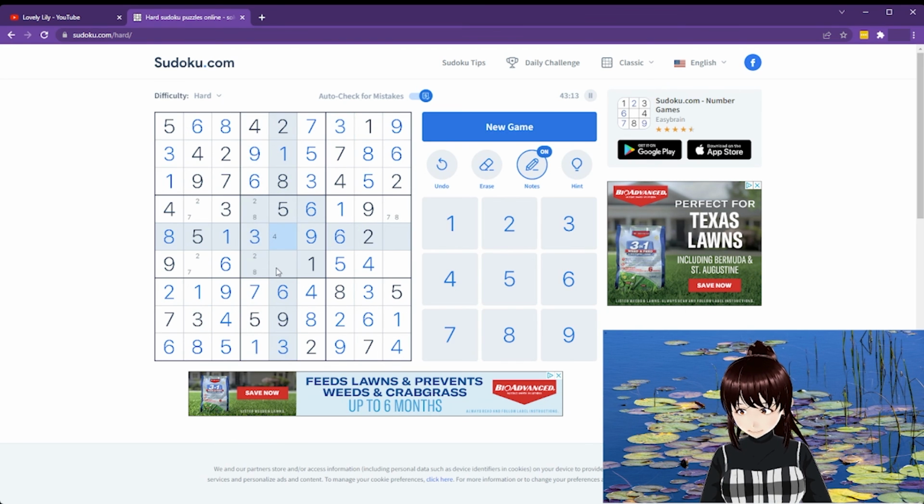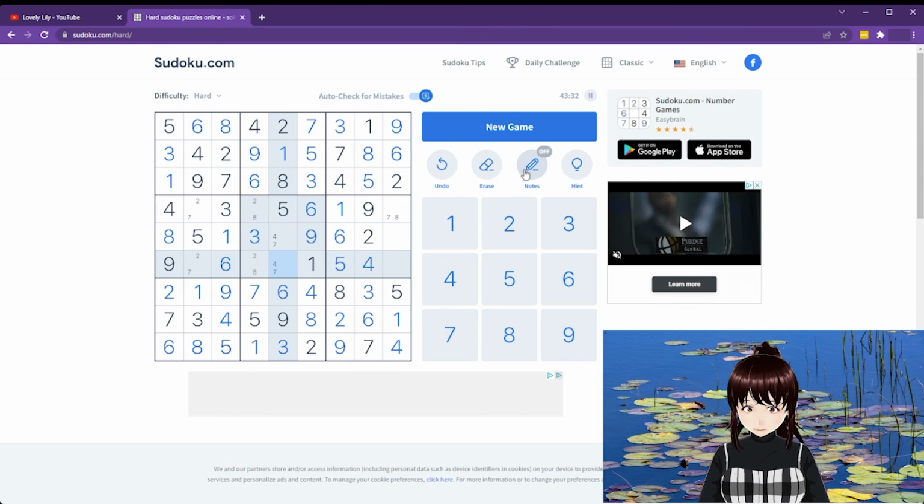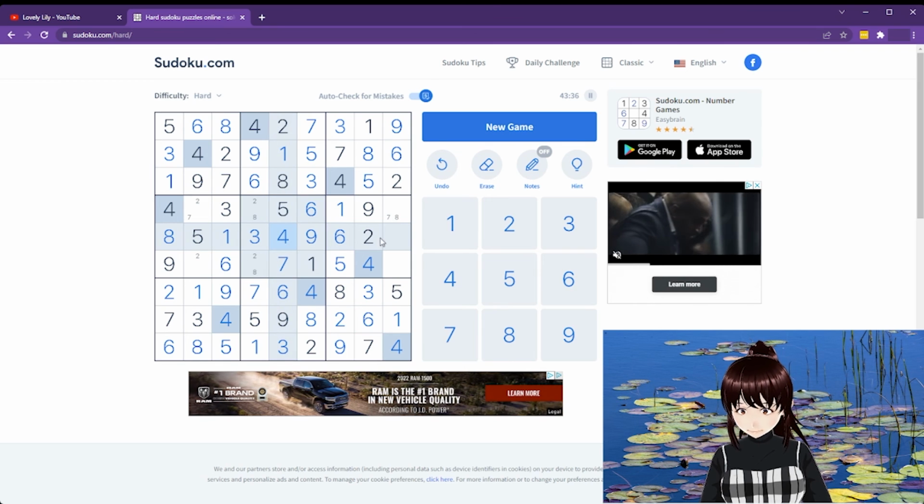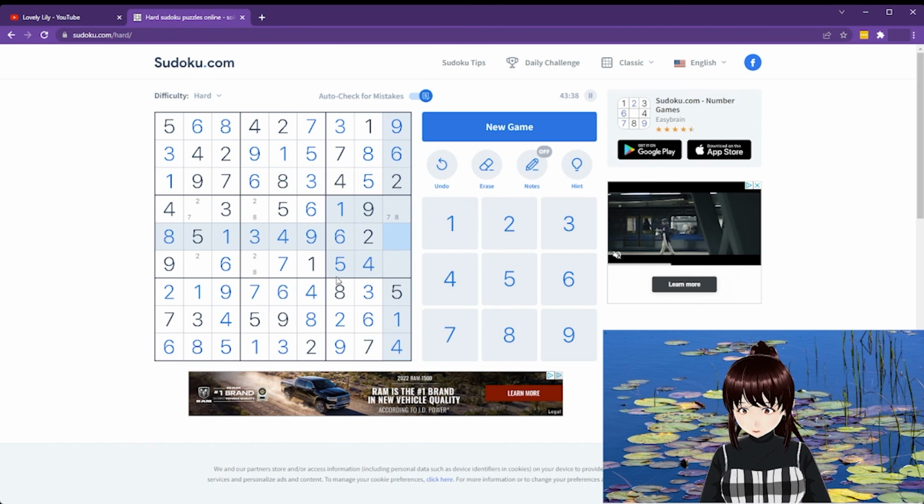Almost there. So what could this be? This is a 4 or a 7. But both of these are pairs. So if I mark this as a 4, 7, look, there's a 4 there. So that must be a 7. And that must be a 4. And that leaves 1 here.